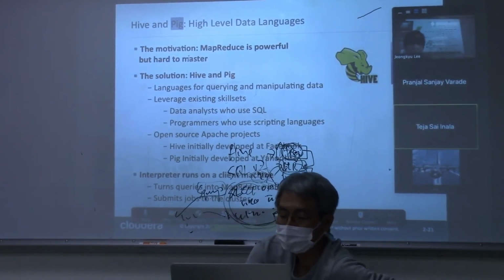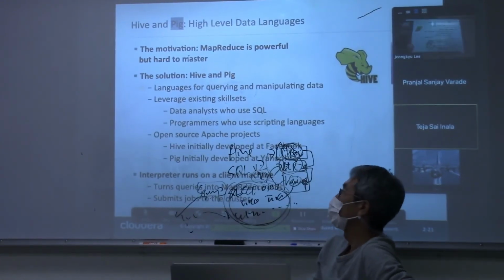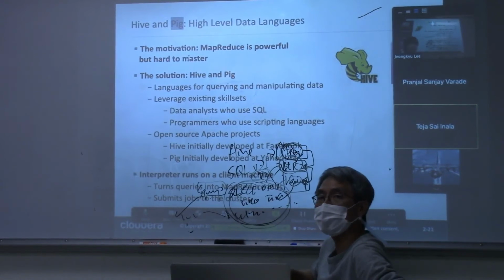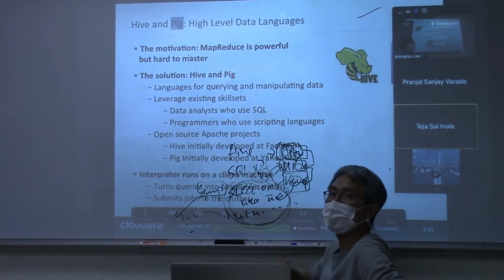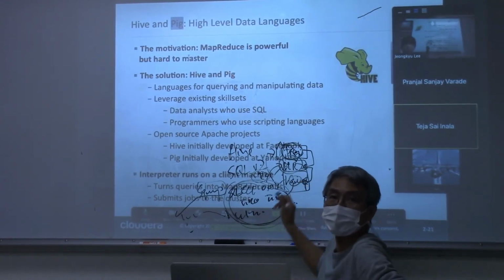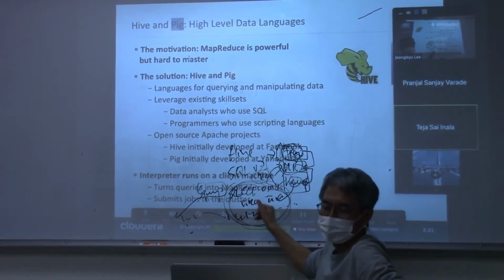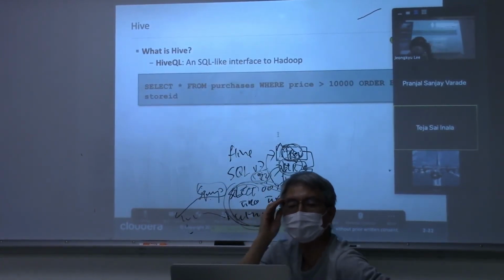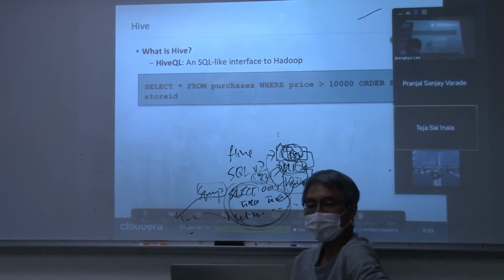But don't forget, even though we are using SQL style queries, that doesn't mean the data is in a relational database. No, it's still a Hadoop file. It's only an interface. Like this one, you can see select asterisk from the project where price is higher than 10,000.